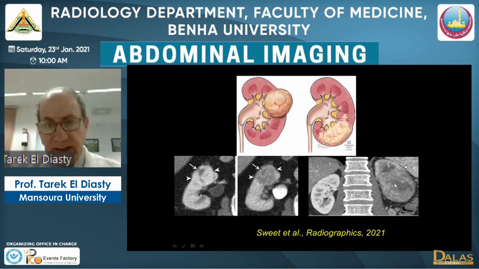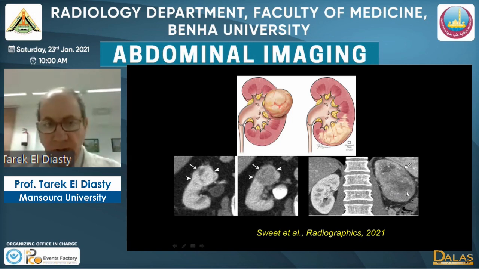The other pattern is the infiltrative pattern, where the difference is that there is a poor interface between the mass and the renal parenchyma. Here there is a well-defined interface, here is a poor interface, and also the reniform shape of the kidney is more or less preserved.